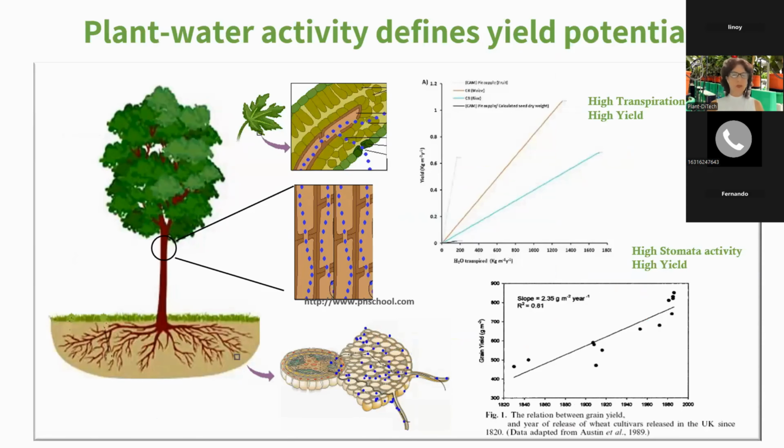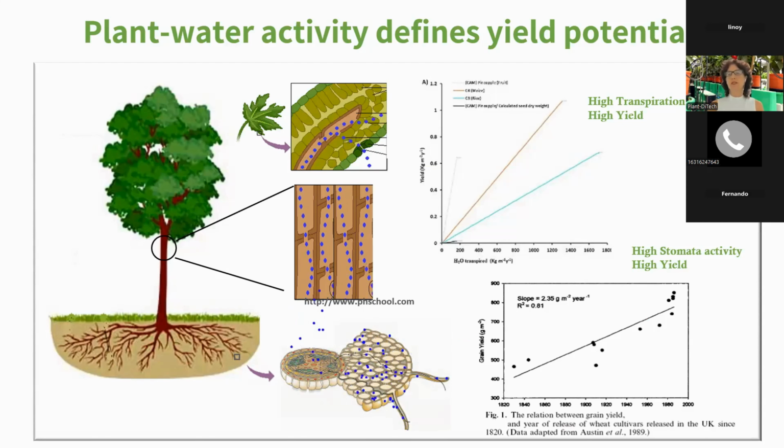Now, we saw before when we talked about the G times E interaction that the plant water status is very important, because water is like the essence of the plant activity. Every time the plant reacts to the environment, it can close or open its stomata.